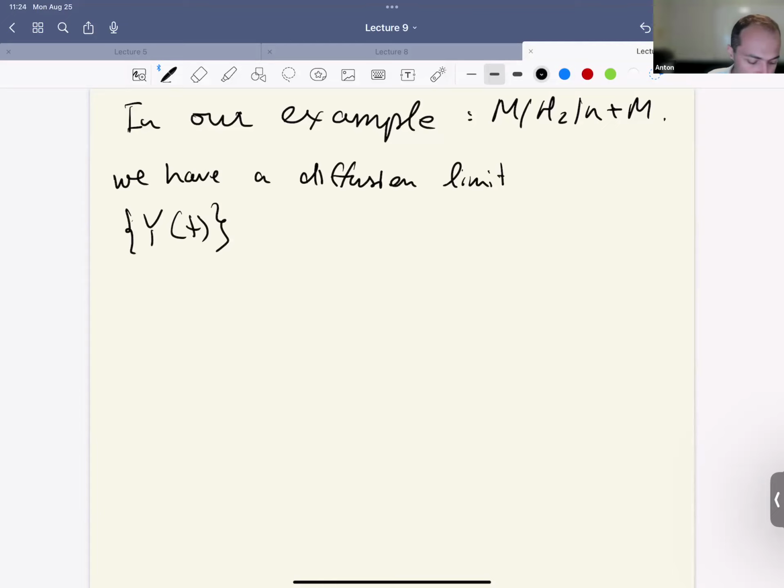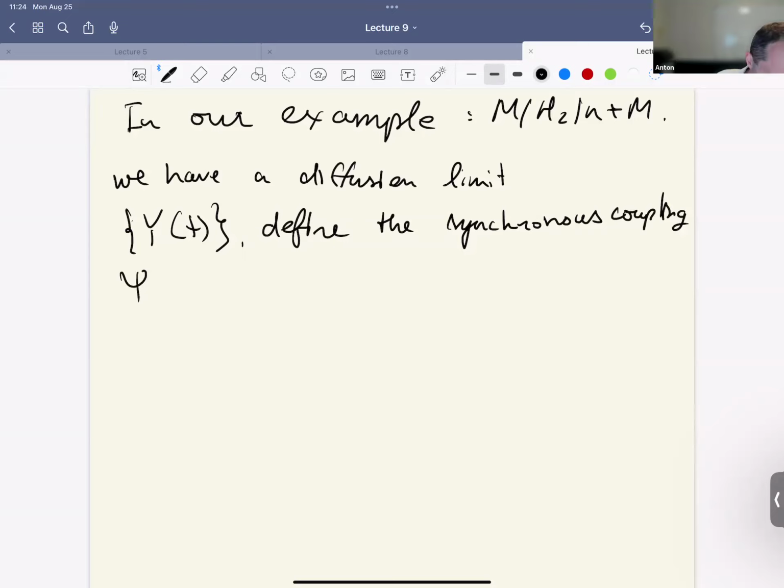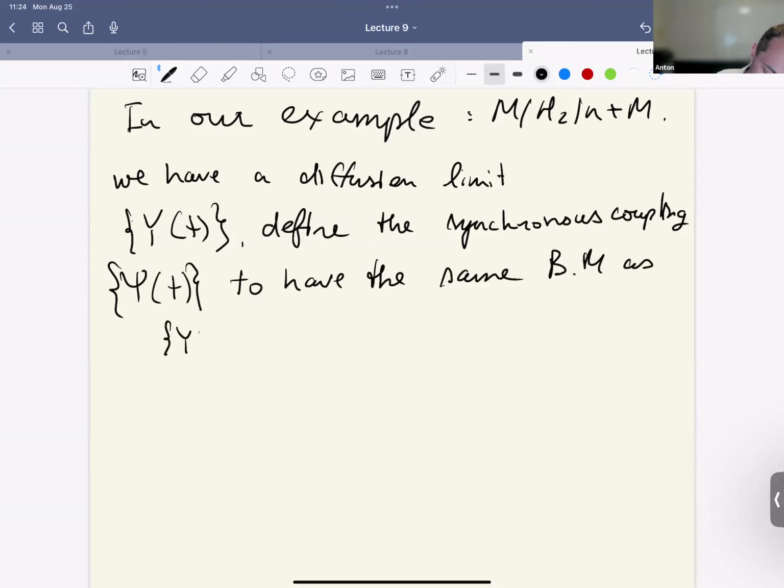And I'm not going to bother with outlining its structure. We have a diffusion limit y of t. Define the synchronous coupling psi of t to have the same Brownian motion as y.